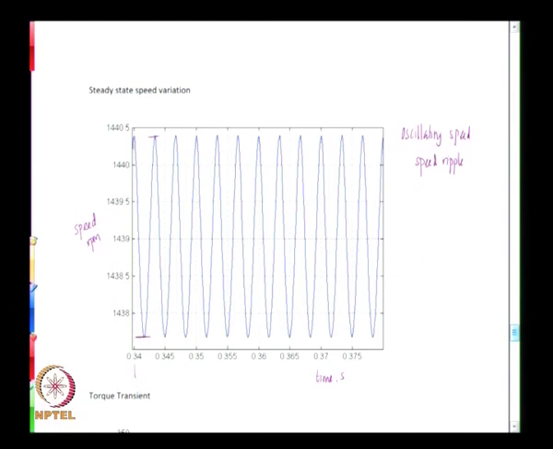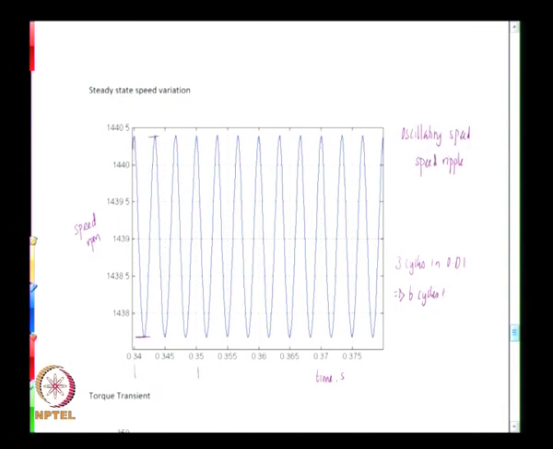And if you look at this ripple, you see that this is 0.34 seconds and here you have 0.35 seconds. So in this time you have 1 cycle, 2 cycles and then 3 cycles of the ripple waveform, 3 cycles in 0.1 seconds, not 1 second, which means there are going to be 6 cycles in 0.02 seconds.